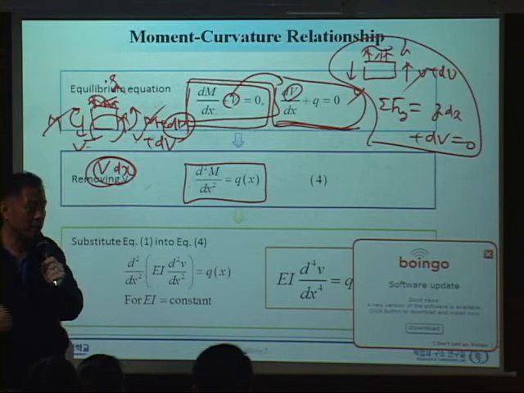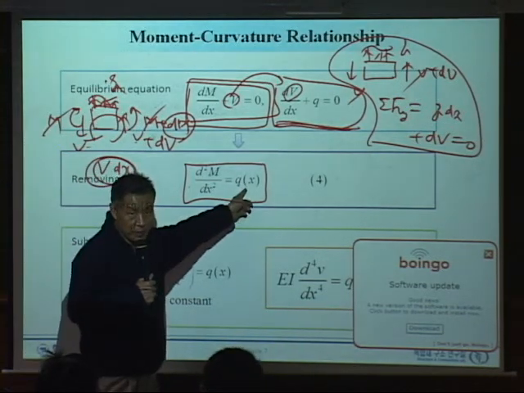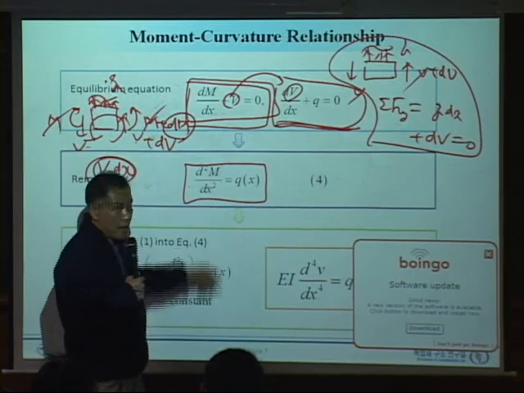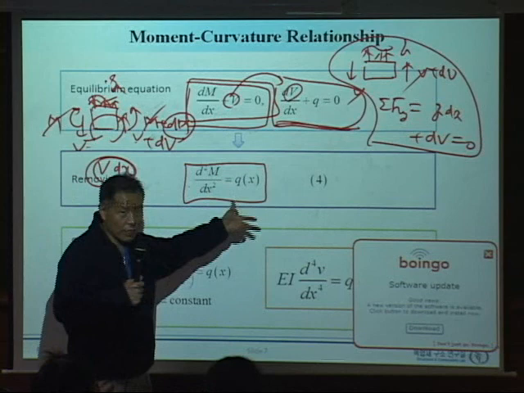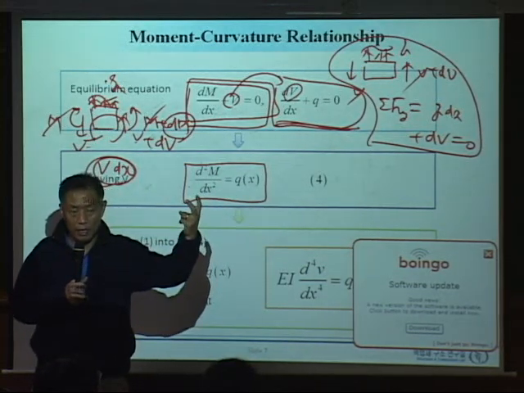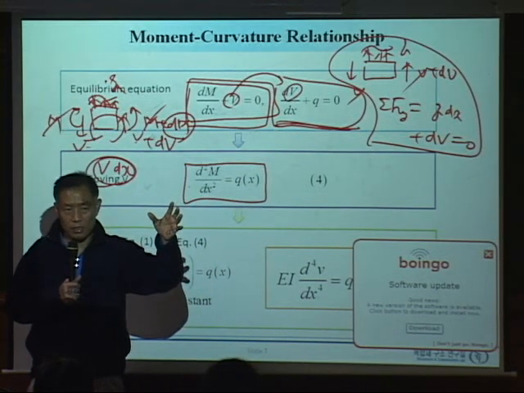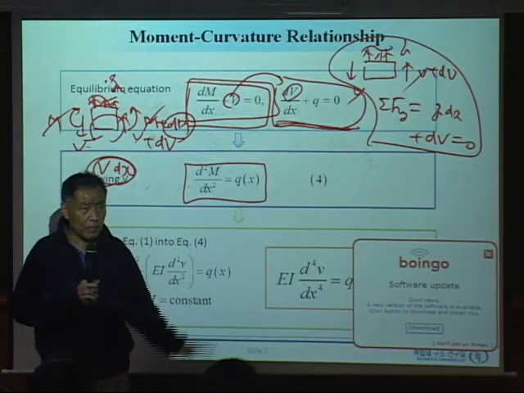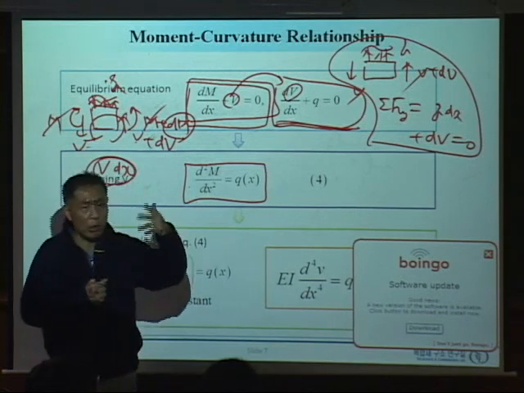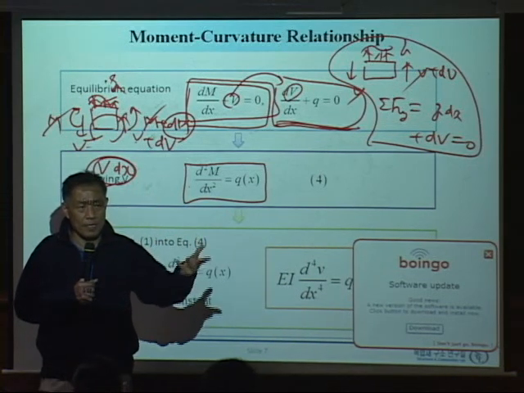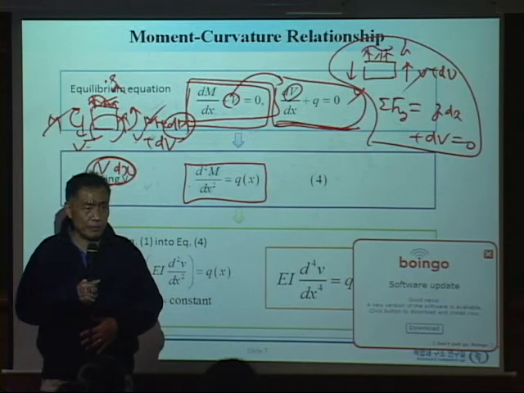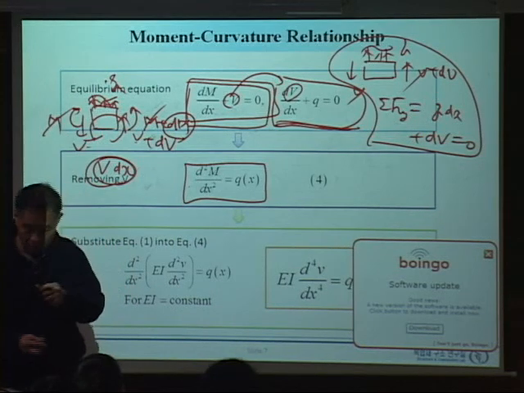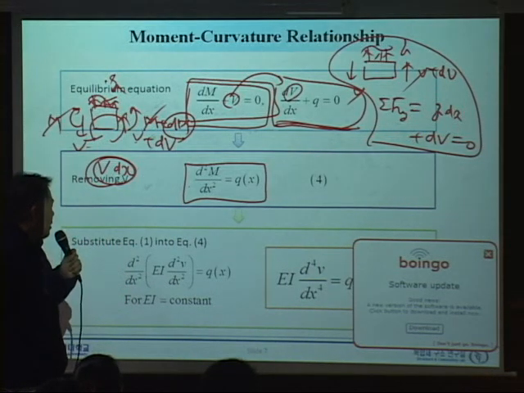Whenever q(x) is a function of x, then we can integrate twice, and we get the M. And during integrations, we have two integration constants. Those two constants should be determined from boundary conditions. But this procedure is only for a statically determinate problem. But now we are trying to solve the statically indeterminate.